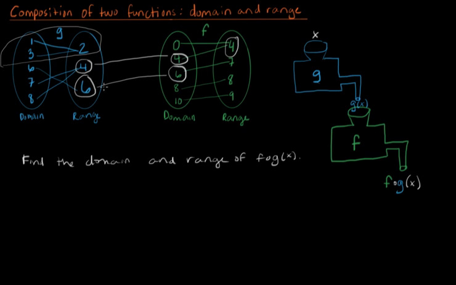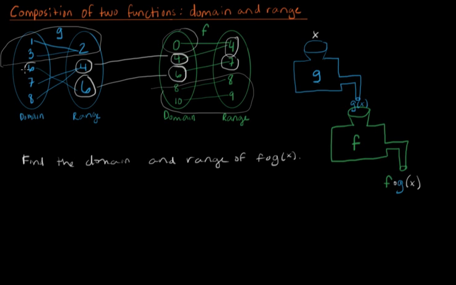The 6 is going to go into that f function, and it's going to come out as 7. So nothing's going to happen with the 8 and the 10, right? And nothing's going to happen with the 0 because we don't have any outputs that go into those places.